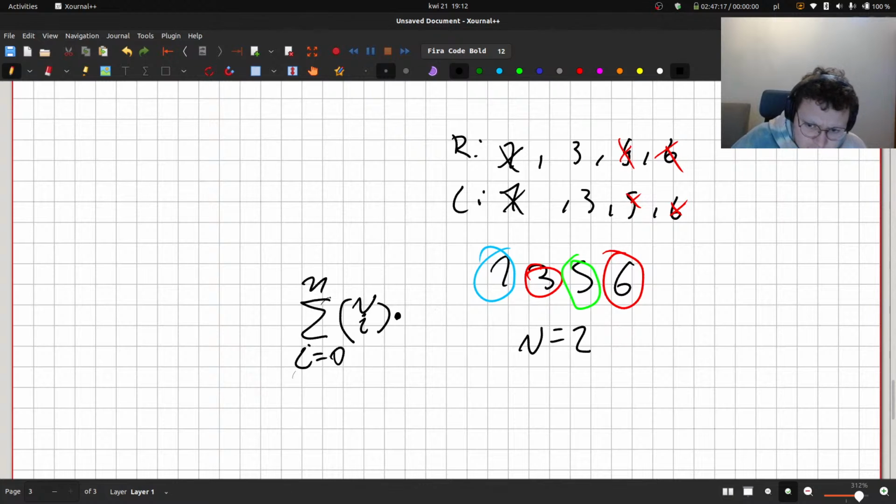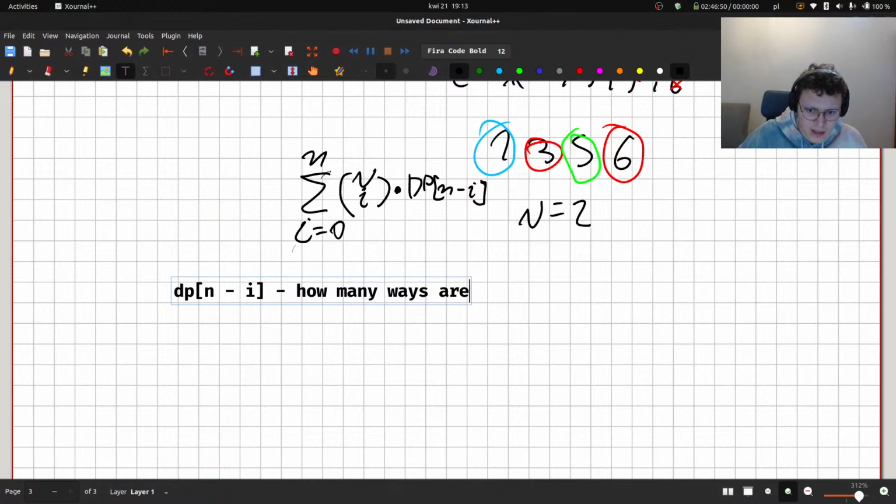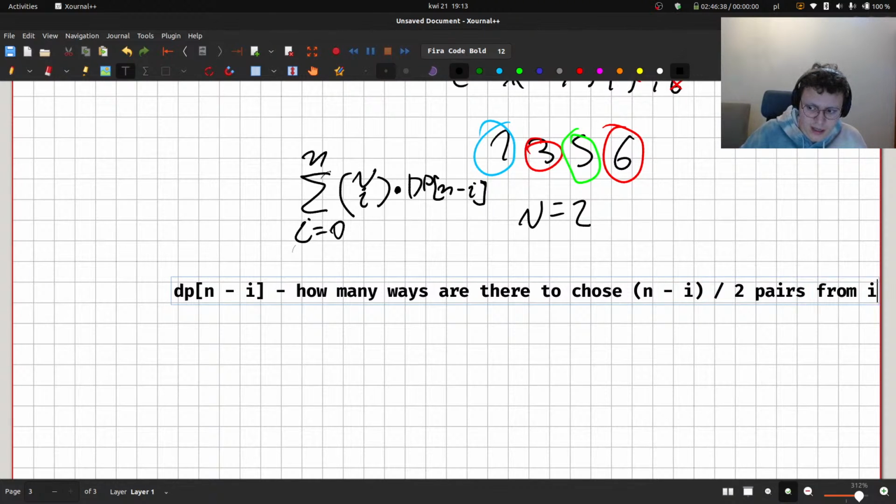we want to multiply it by dp from i. And what is dp from i? Well, dp from n minus i, sorry. dp from n minus i would mean how many ways are there to choose n minus i divided by 2 pairs from n minus i numbers.